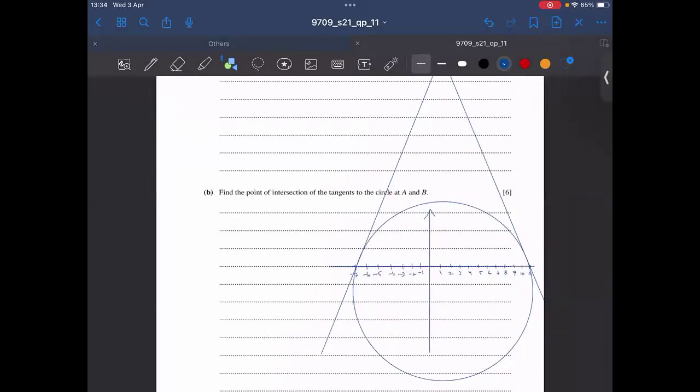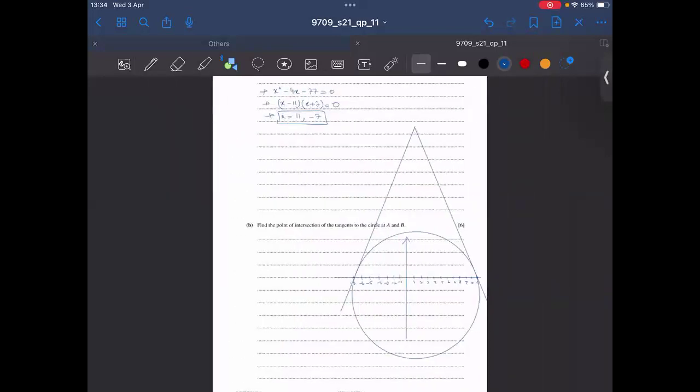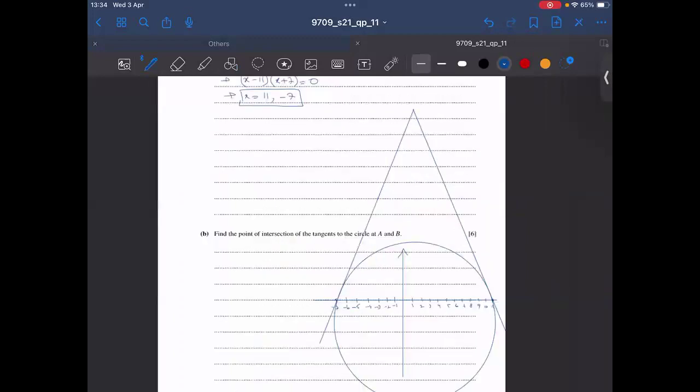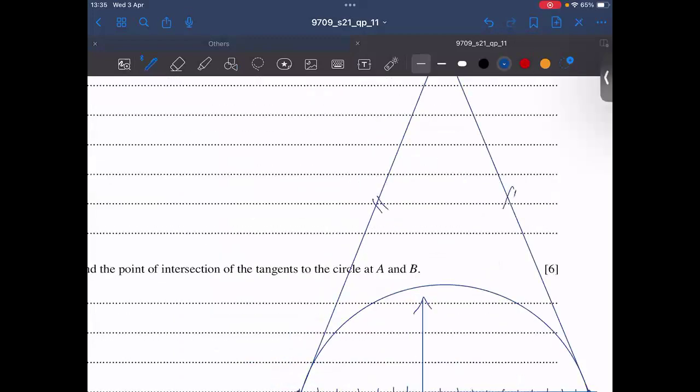All right, and from a knowledge of circle properties, we know that these two tangents are equal.